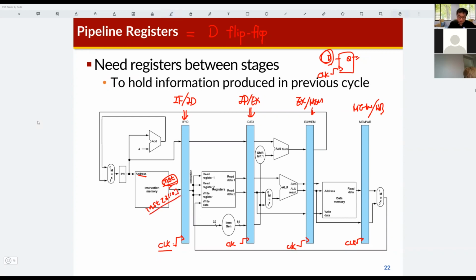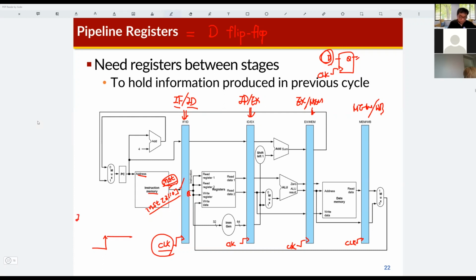This output of the instruction memory is sampled by the clock signal at the instruction fetch and instruction decoding pipeline register. This is the output of this pipeline register flip-flop. This is the rising edge of the clock.